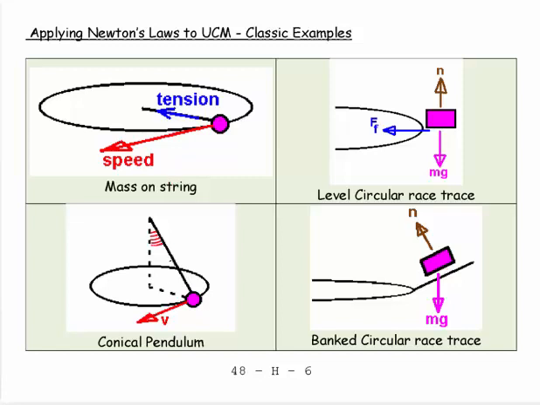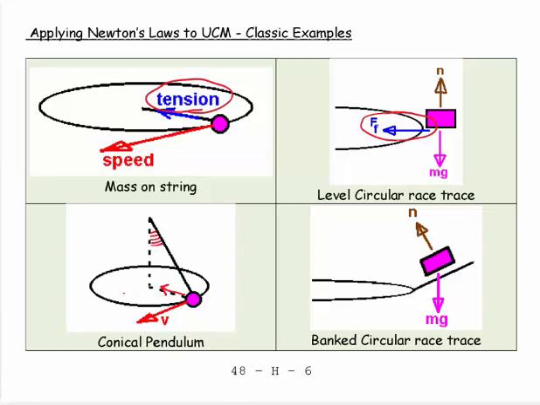In each of these cases we have some force that is paying for the centripetal acceleration. We have the tension for the mass on a string going in a horizontal circle. We have the frictional force of the tires on the road for the car going around a horizontal track. We have the component of tension.